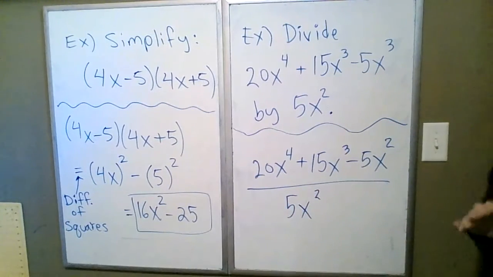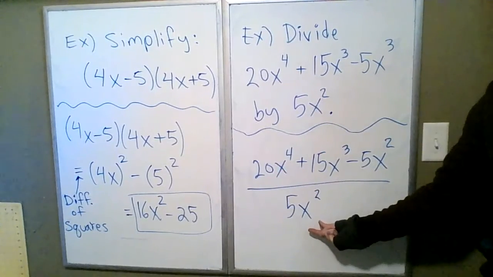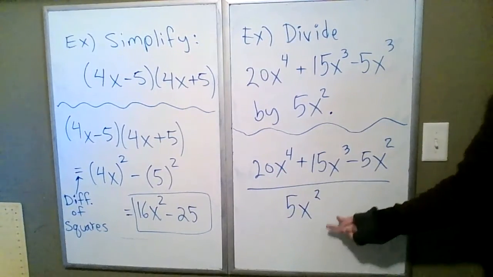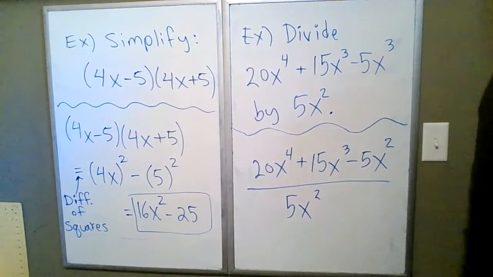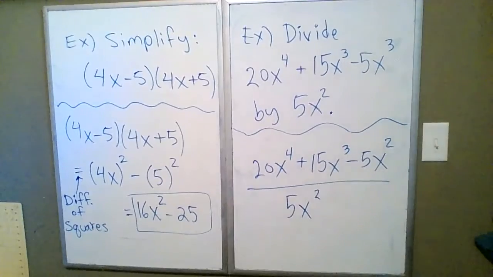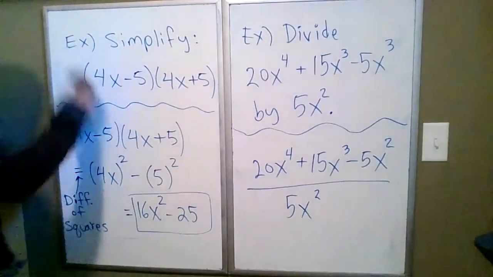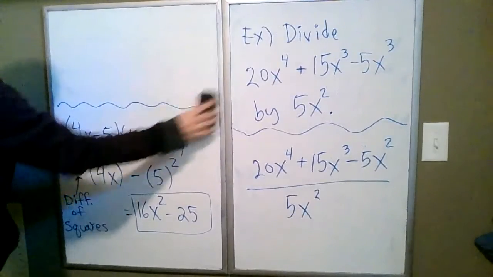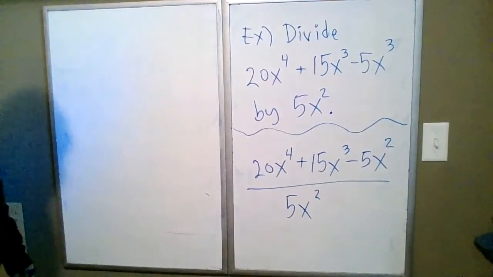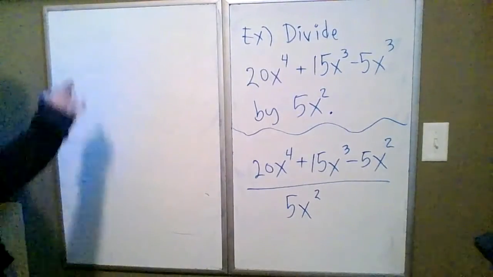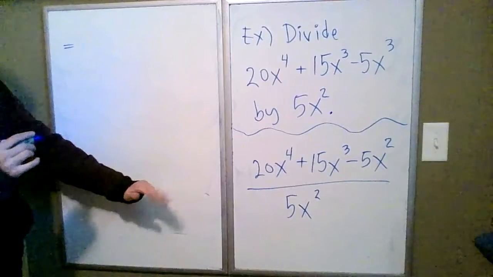Okay, then you just take every term from the polynomial, put it over that value in the denominator. This over there, that over that. So break this into 3 pieces. Take 20x to the fourth, put it over 5x squared.